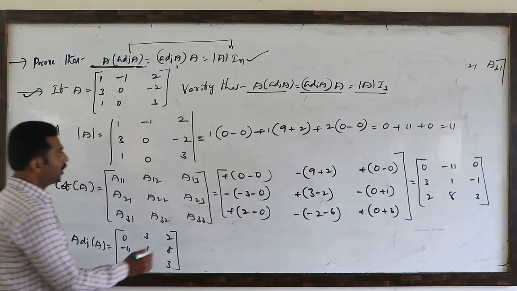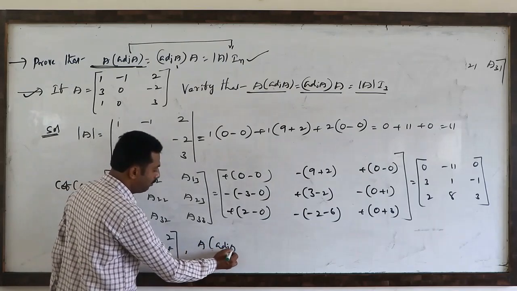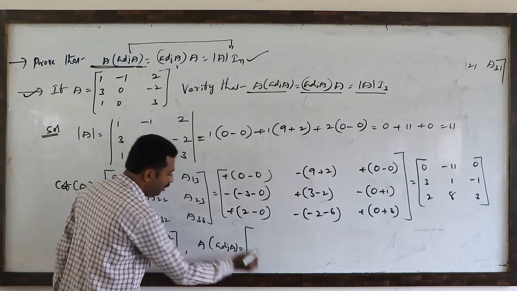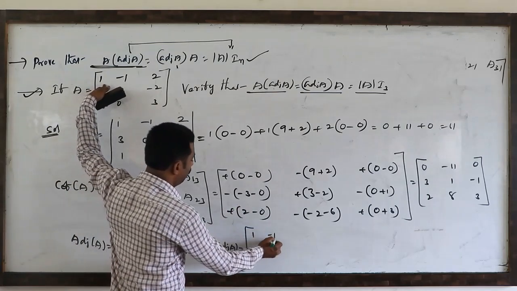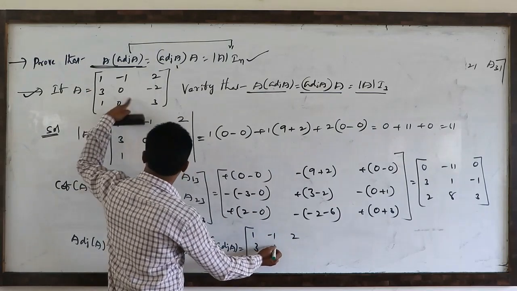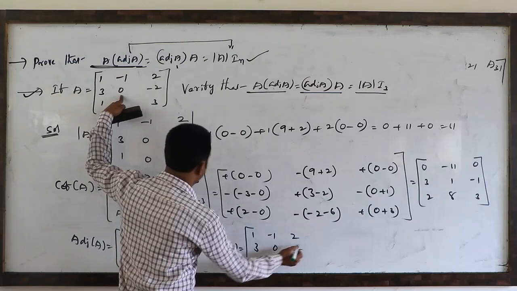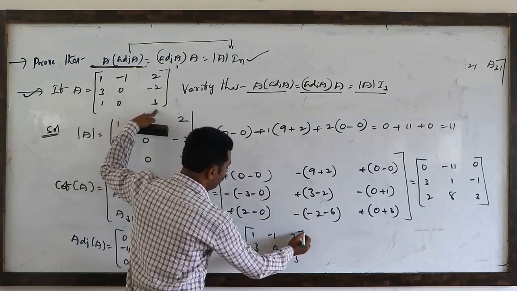Now we have to calculate A into adjoint of A. You tell me. A into adjoint of A means this matrix 1, minus 1, 2; this is 3, 0, minus 2; 1, 0, 3.